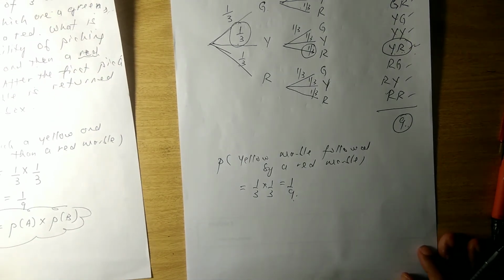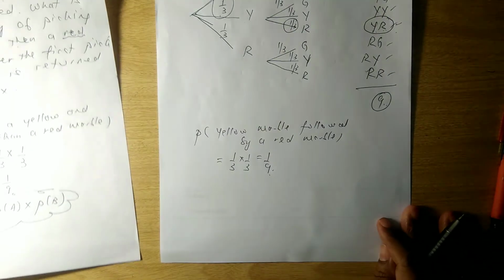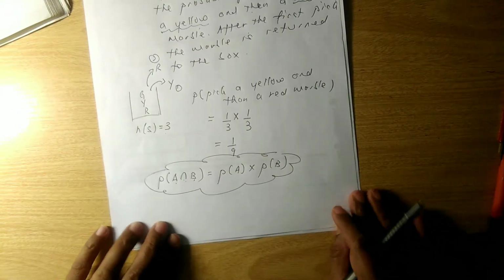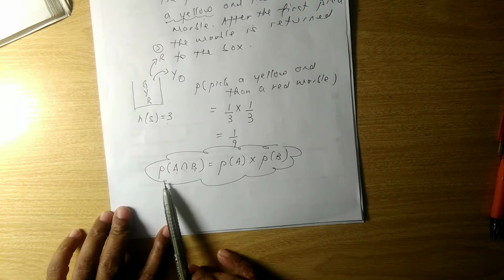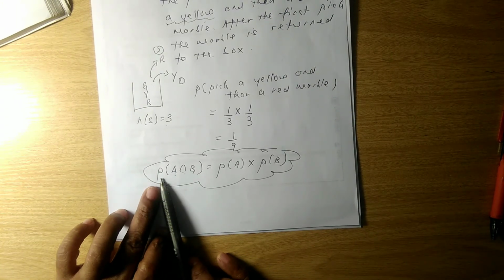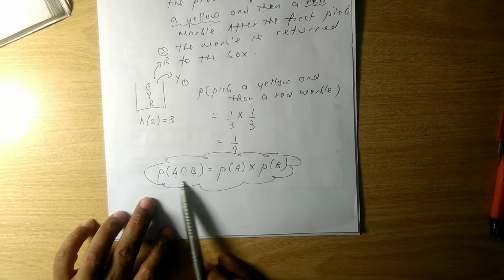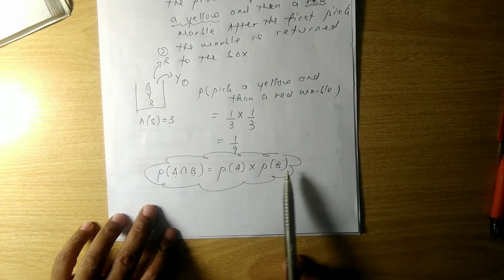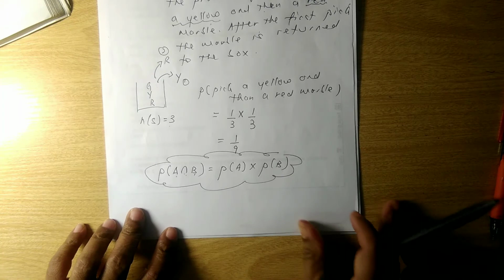For an independent event, we follow this rule: the probability of these two events, A and B, equals the probability of A times the probability of event B. Now, what if you have three events?